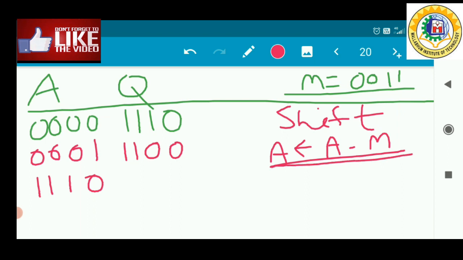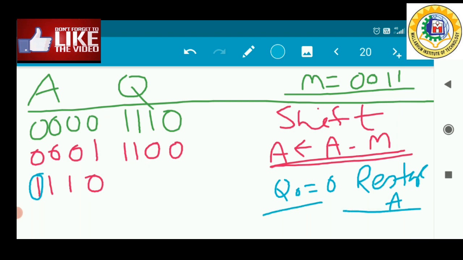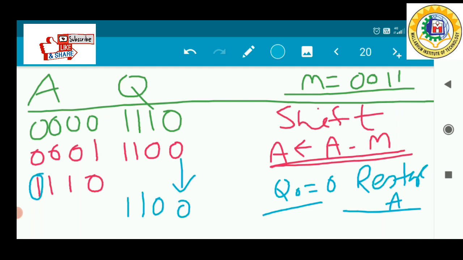So next we check whether the MSB of A is 1 or 0. This is again 1. So again the same step: make Q0 equal to 0 and restore A. Previously A was this, so your new A will become 0 0 0 1.